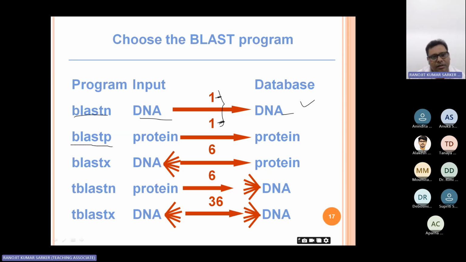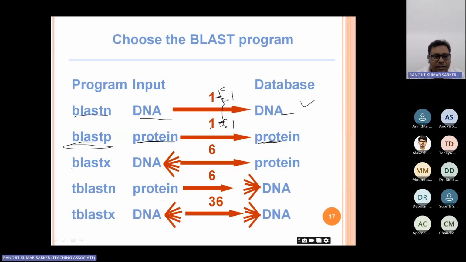Similarly, the same with BLASTP: you have an input protein sequence and protein databases. So here also it is 1:1 cardinality. That means 1:1 comparison.